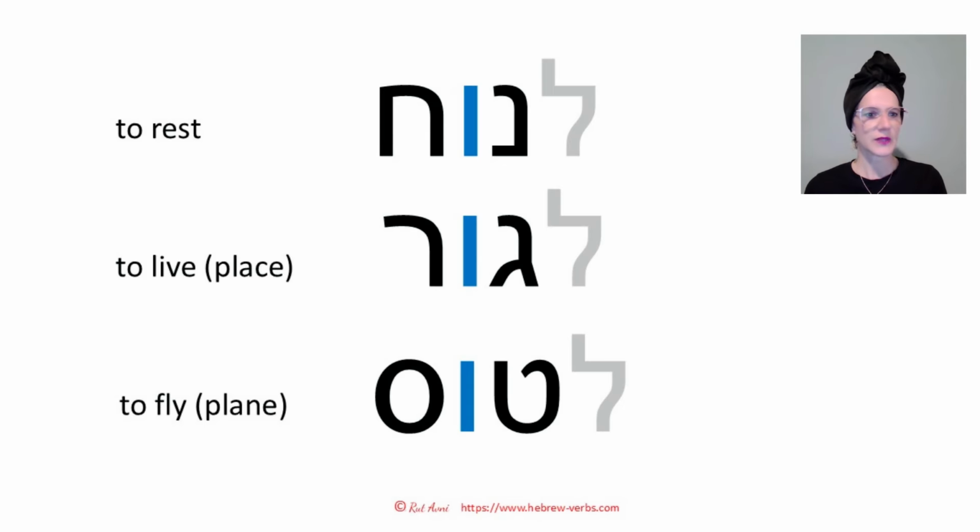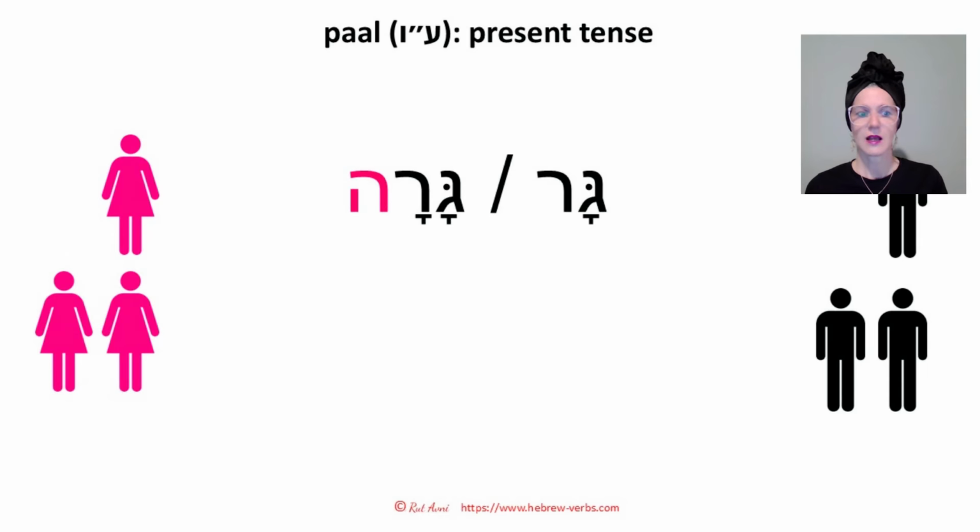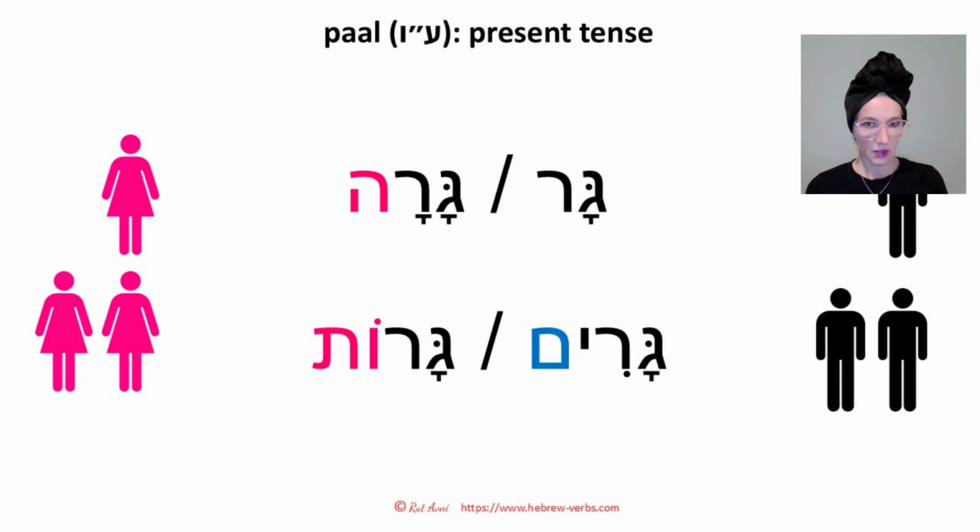Now, let's take lagur as an example for conjugation. I'm sure you know that. Gar, gara, garim, garot. Lagur. Okay? So this is how you conjugate Paal verbs where there is a vav on the second root letter.